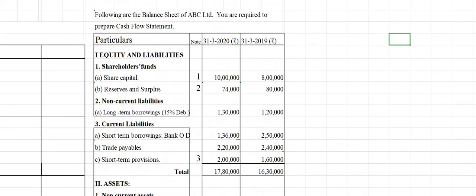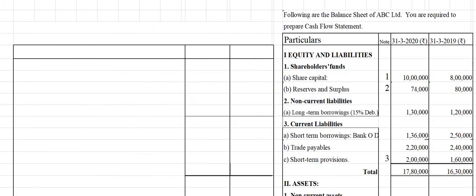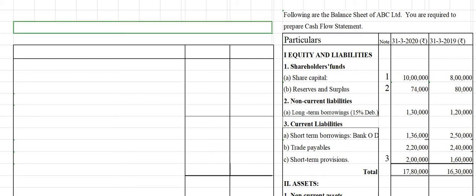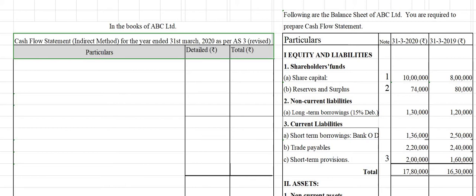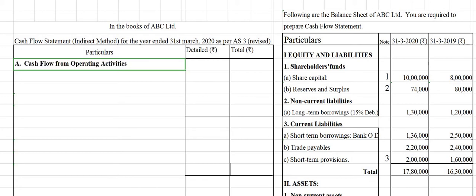So for that we are going to prepare a cash flow statement. Cash flow statement is here. We are going to see that in the books of ABC Limited. Format of cash flow statement is ready. So first of all we have to write cash flow from operating activities.